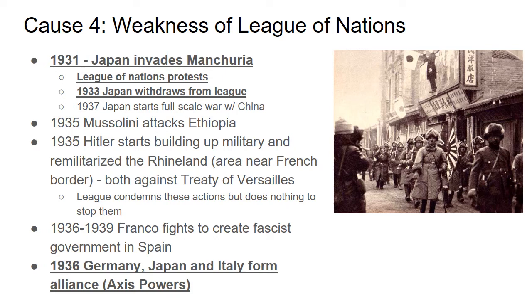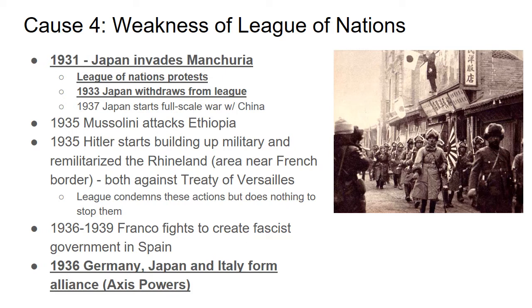Japan invades there and conquers that area, and the League of Nations protests, and Japan's response to that is to just withdraw from the League. They don't have to listen to them, and they don't even have to be part of it. In 1937, Japan declares full-scale war with China, and that's really the beginning of World War II.